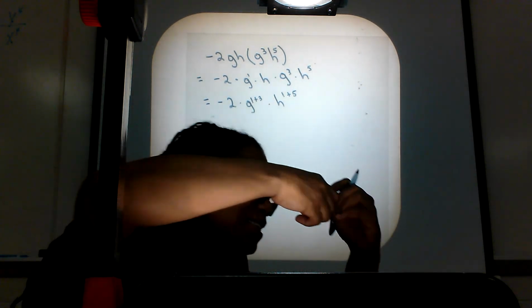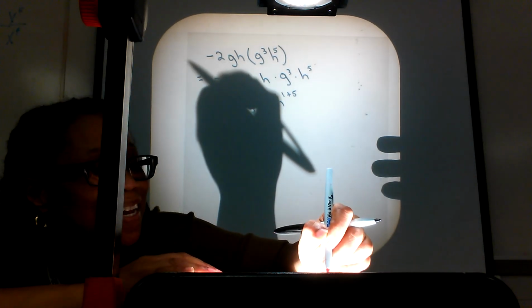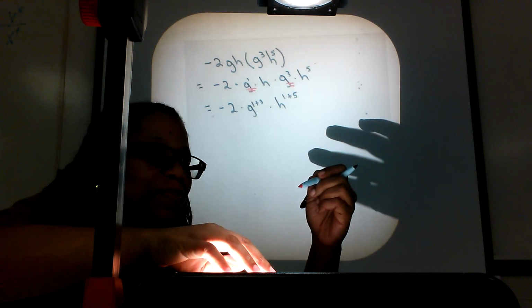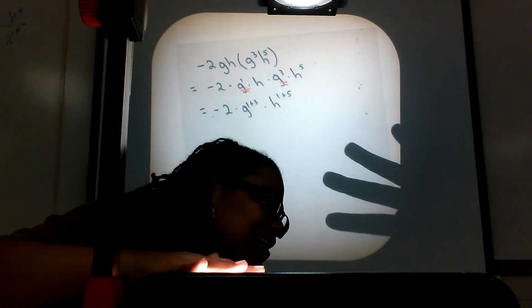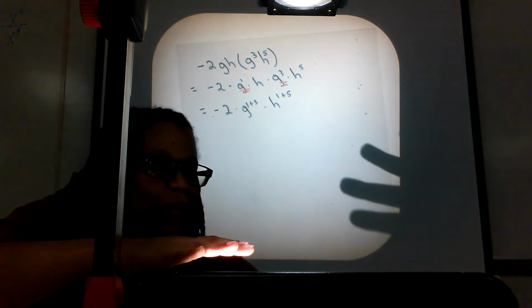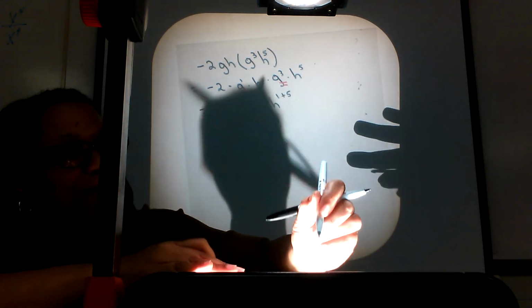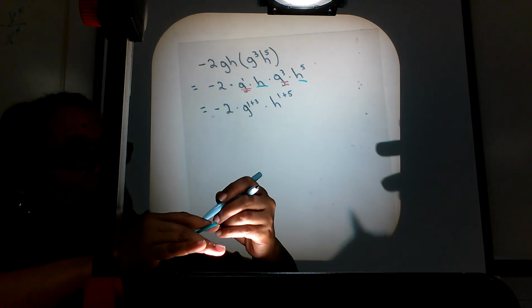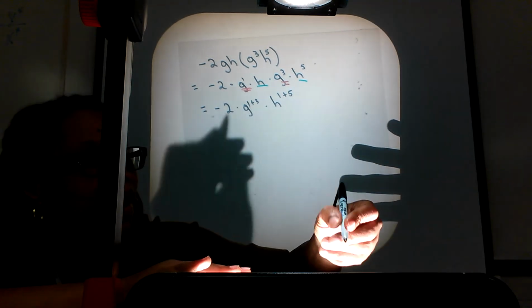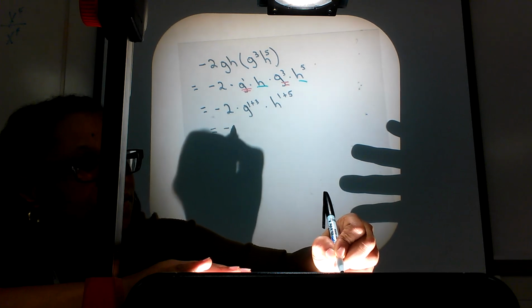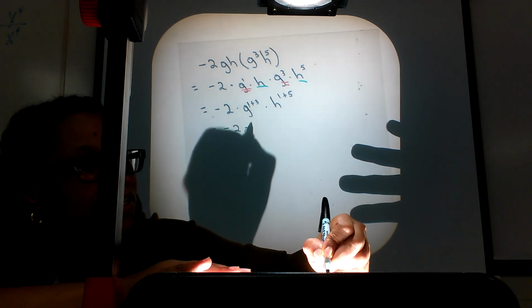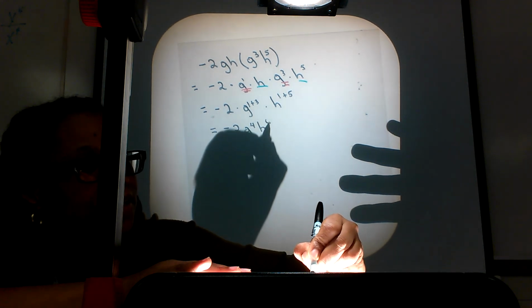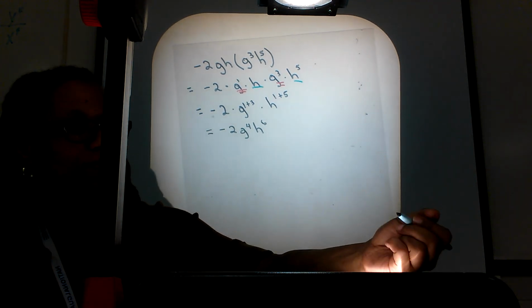She went sort of fast. Okay. So let's go on and simplify that. We have -2 G to the 4, H to the 6. And that's your answer, class.